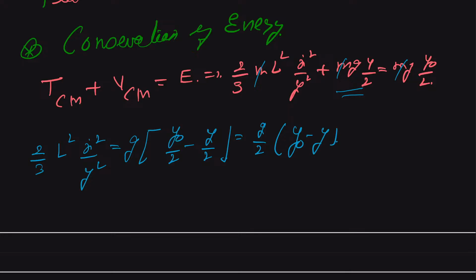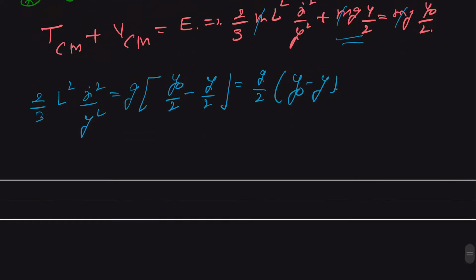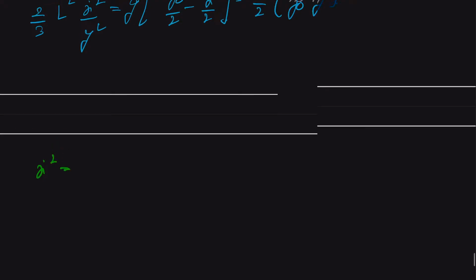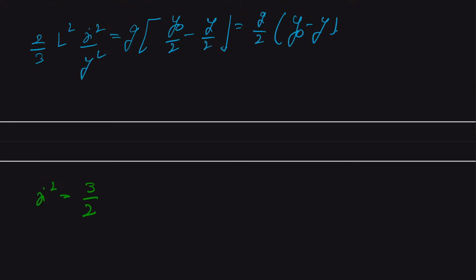And from here we can say that y dot square is equal to, not 3 by 2, but it will be 3 by 4, so this comes as 3 by 4 times g upon L square times y naught minus y.